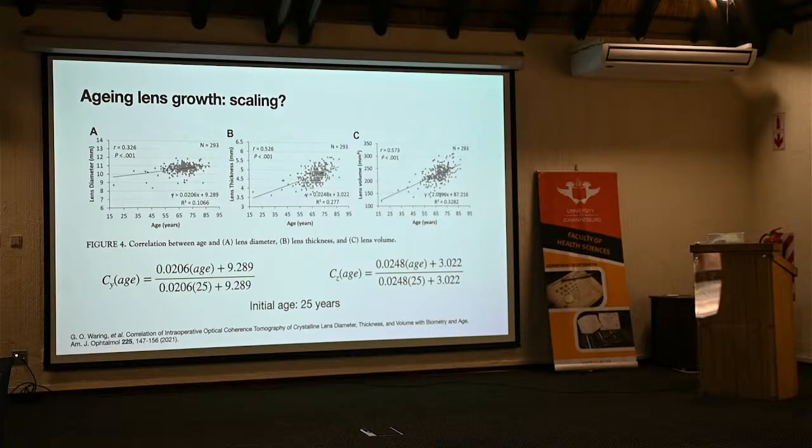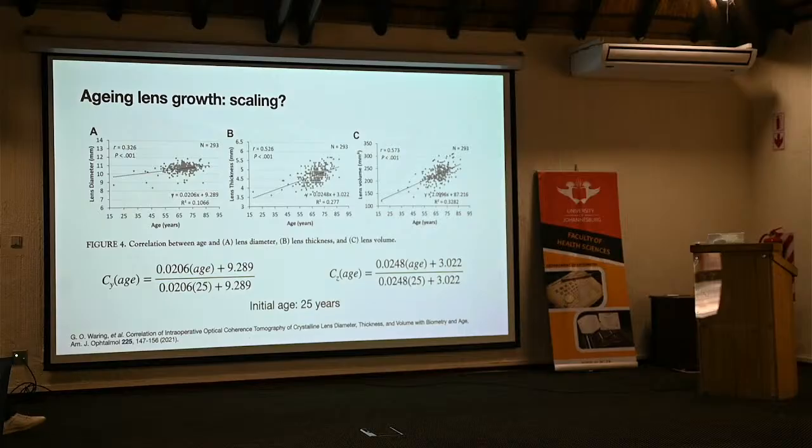But again, let me take this linear regression that they show here, and then let me divide, for instance, lens diameter and lens thickness by the lens diameter and lens thickness at age 25.